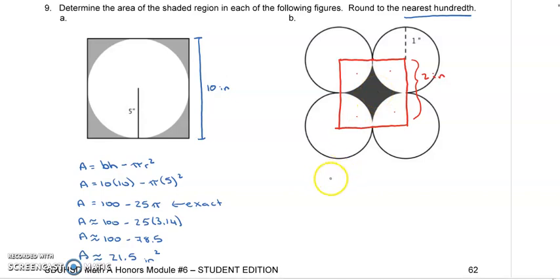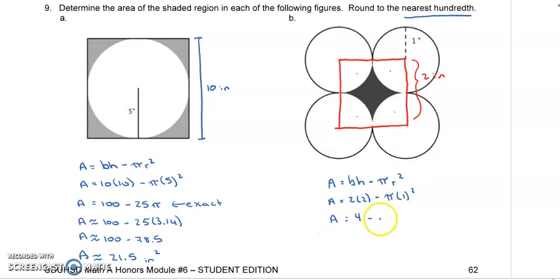Now again, there's more than one way to solve that, so put on your creative hat and see if you can find another way to do it. So I have my square minus my circle. Area equals, remember, that's 1 inch and another inch, so a 2 by 2 minus pi times 1 squared.